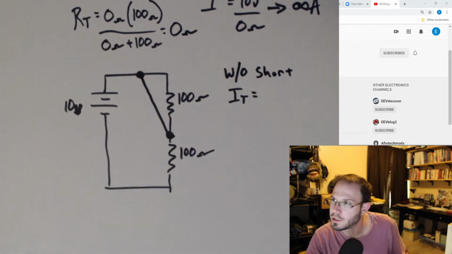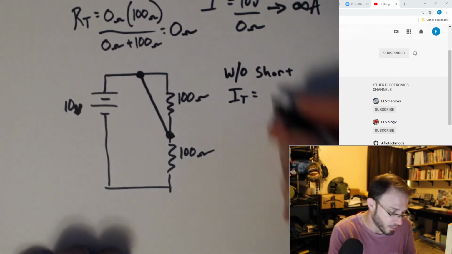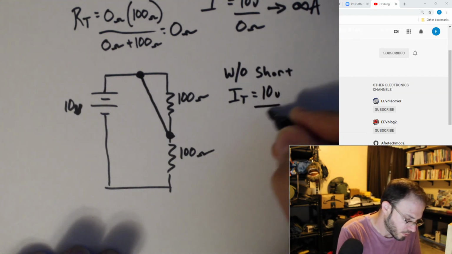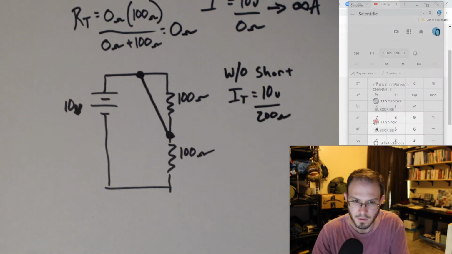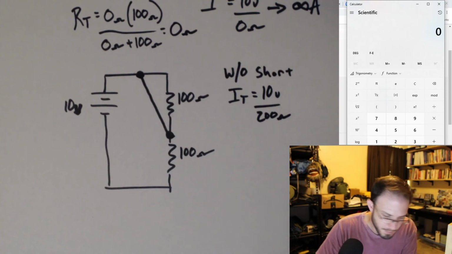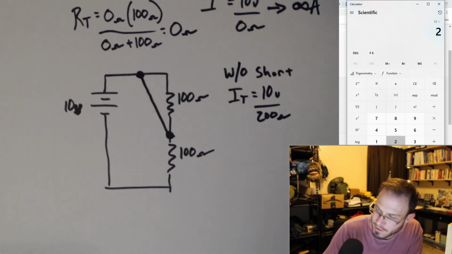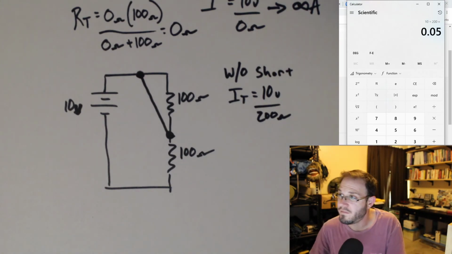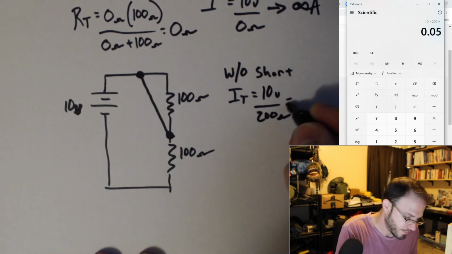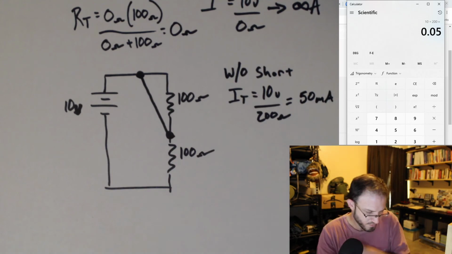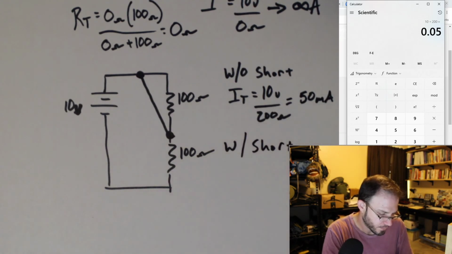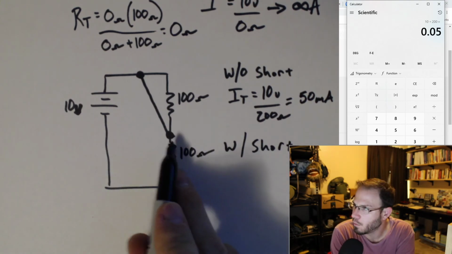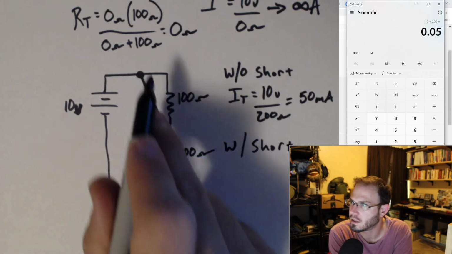IT is going to be equal to 10 volts divided by 200 ohms. And just so I don't mess up the basic math, I'll do 10 divided by 200 ohms. We get 50 milliamps. However, with the short, notice I've effectively removed this 100 ohm resistor from there.